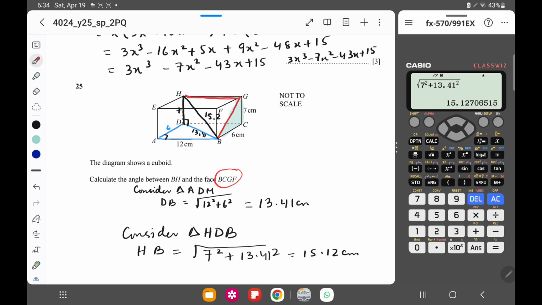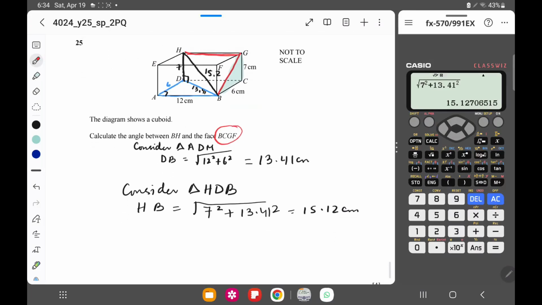So in triangle BCG, the BG side is equal to the square root of 7 squared plus 6 squared, that is equal to 9.22 centimeters.